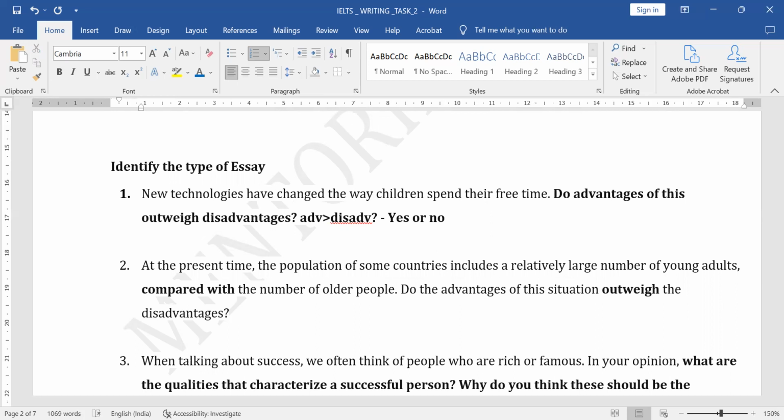What will I say? Yes, advantages outweigh the disadvantages. Or somebody else might write a different answer. I think no, the advantages are not. That means the disadvantages are more than the advantages.